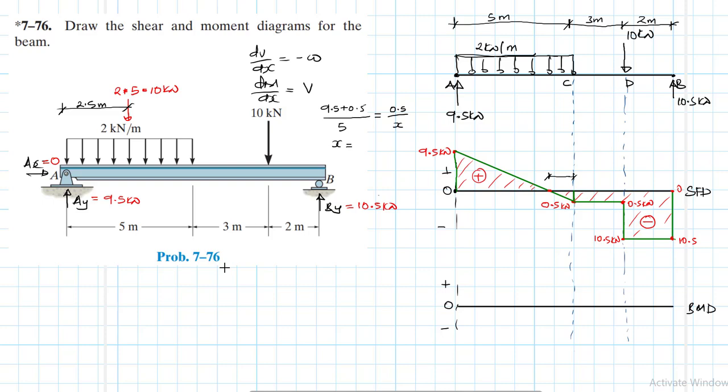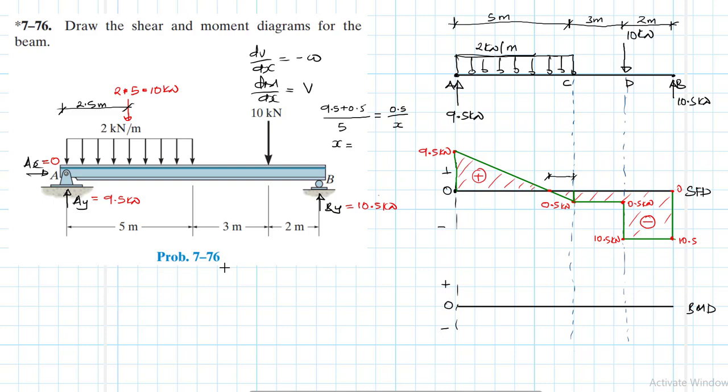And therefore our x is going to be equal to, let's punch our calculators. 9.5 plus 0.5, of course, is 10, and divided by 5, which is 2.